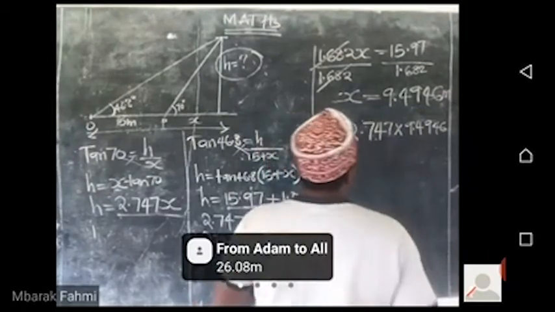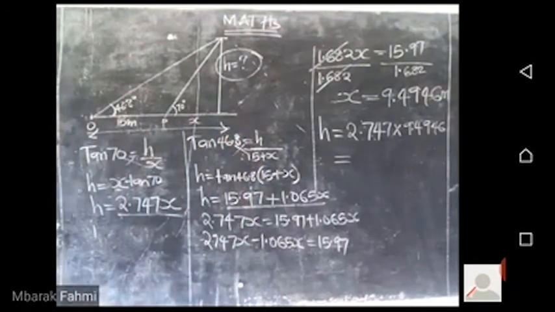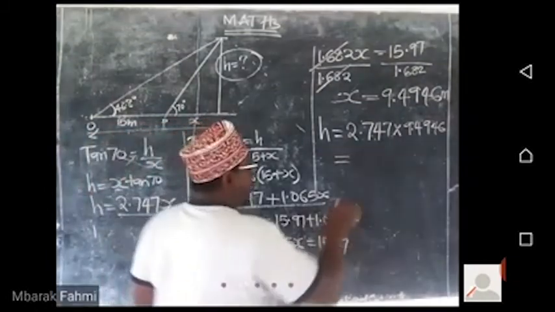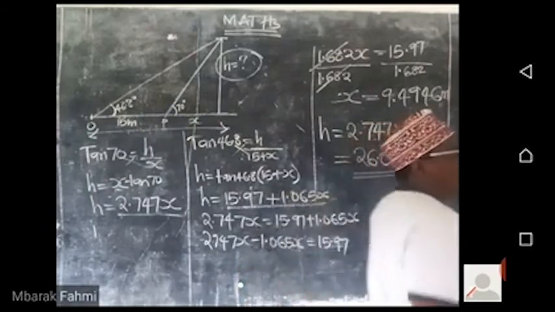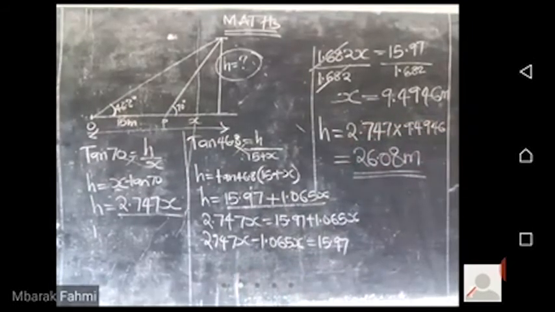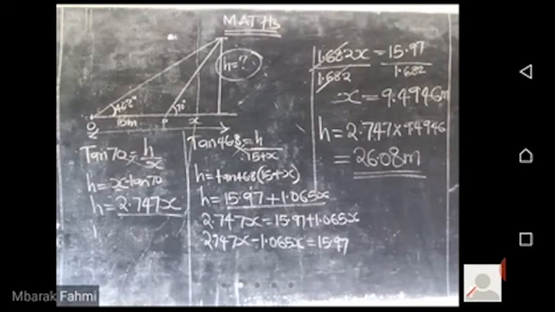So 2.747 times 9.4946 is going to give us 26.08. So 26.08 meters is going to be the height of the building.